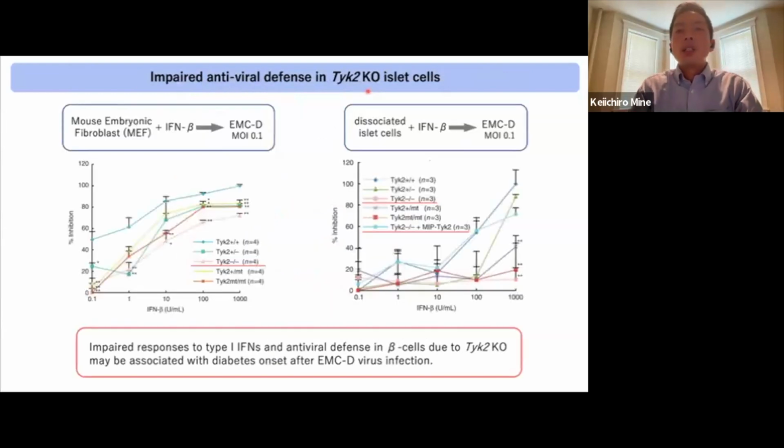To reveal why TYK2 knockout mice develop diabetes, we performed ex vivo cell viability assays. Mouse embryonic fibroblasts and islet cells were analyzed.